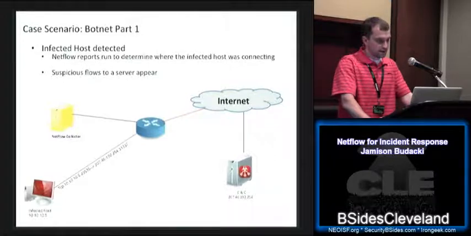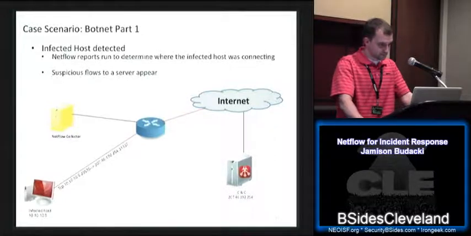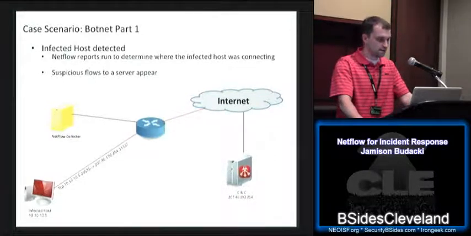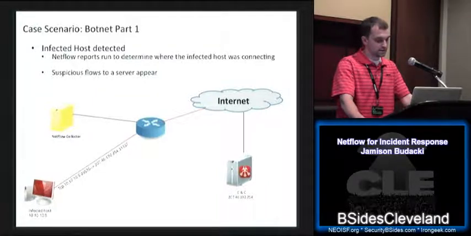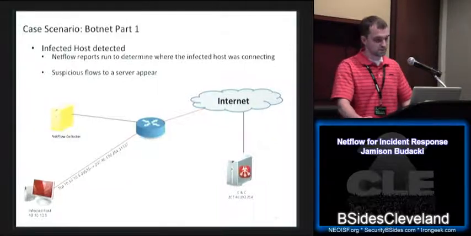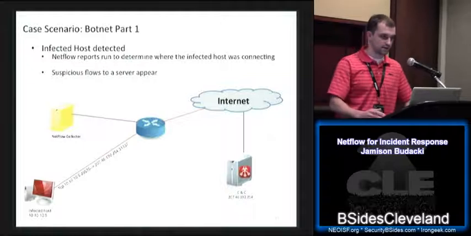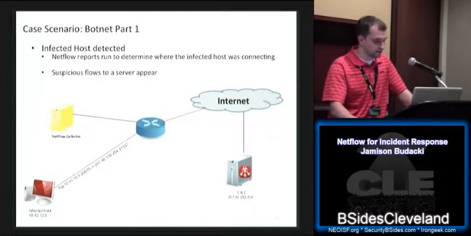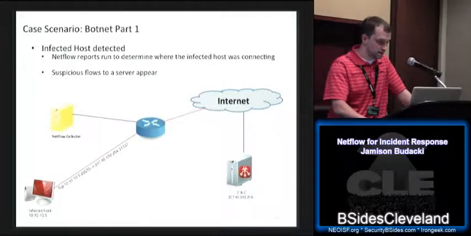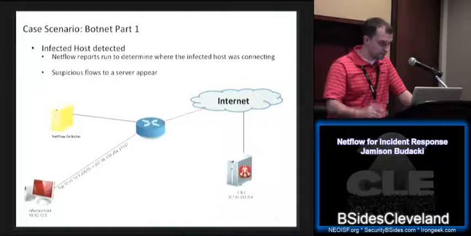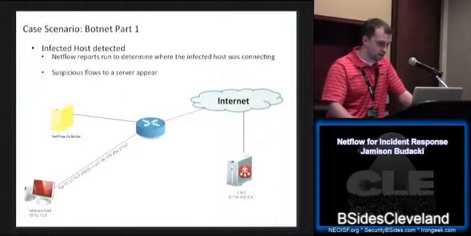So detecting a botnet. Say you have a host that is identified as infected through either IDS or AV. You're going to want to run a NetFlow report to determine where the infected host was connecting and what the command and control server was, to find out the IP and the ports that were being used. In this case, you can see the infected host is connecting to the command and control server over a certain port.